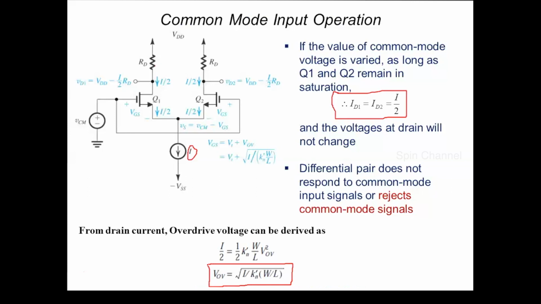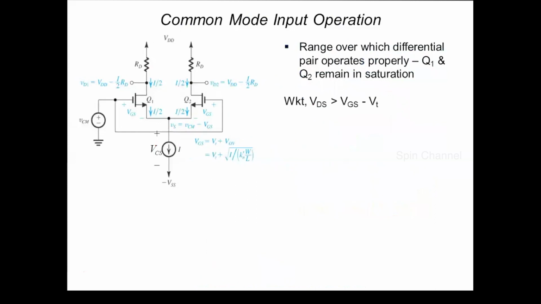Now, an important specification of a differential amplifier, especially in common mode operation, is the input common mode range for which the differential pair operates properly. How do we find the range over which the differential pair operates properly? We know that the transistors Q1 and Q2 should remain in saturation.